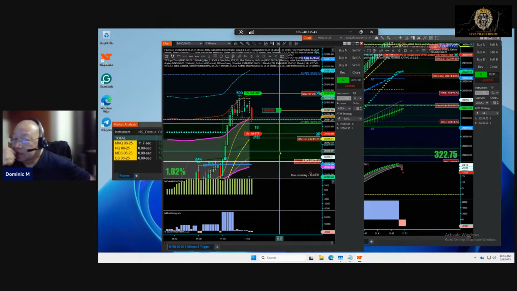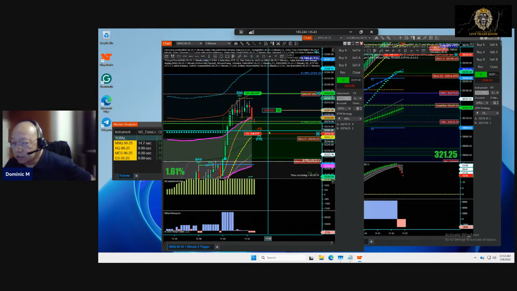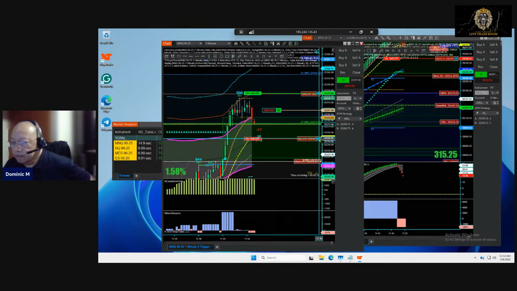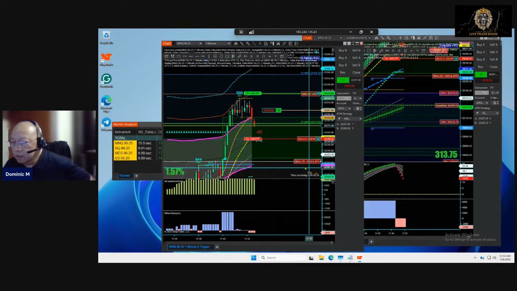Oh man, going further and further down. This just sucks. Let's see if it tests that. It's going to try to test that 21 EMA. No. 15-second delay. That's what happens when you have these delays.